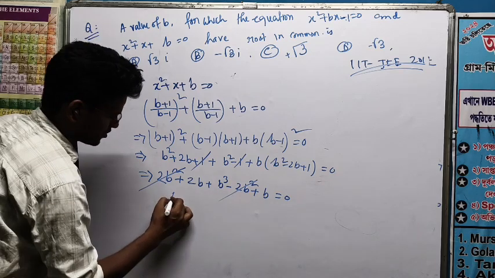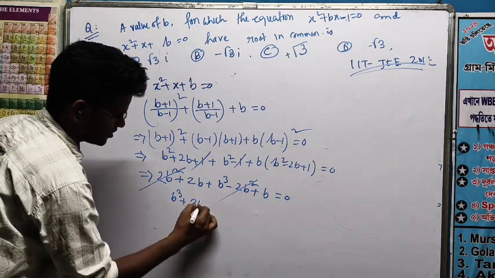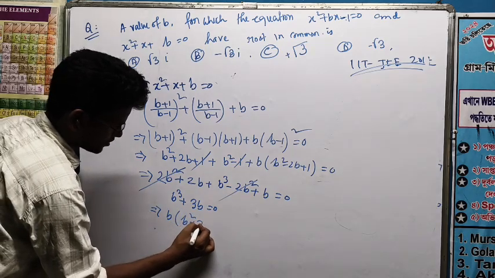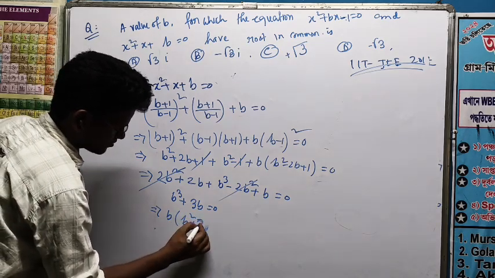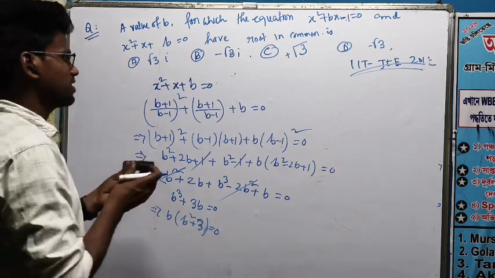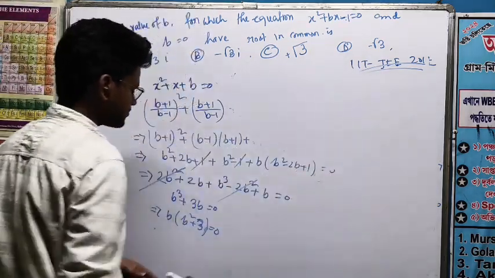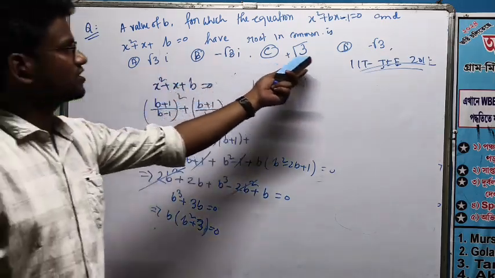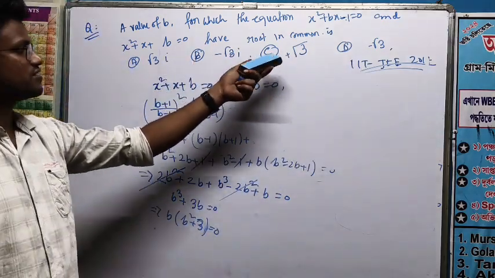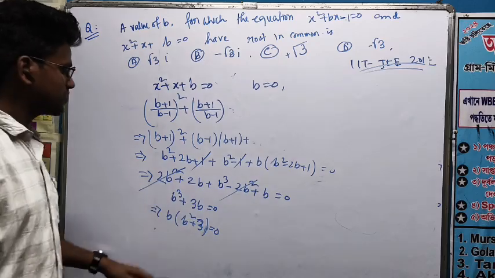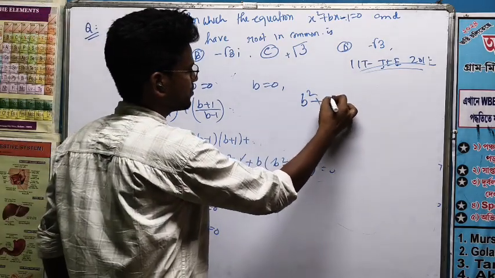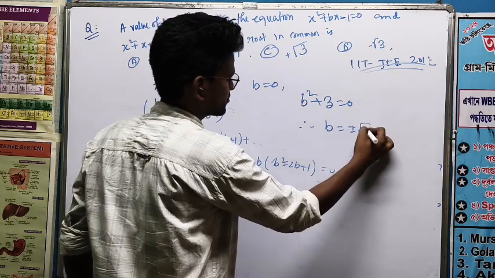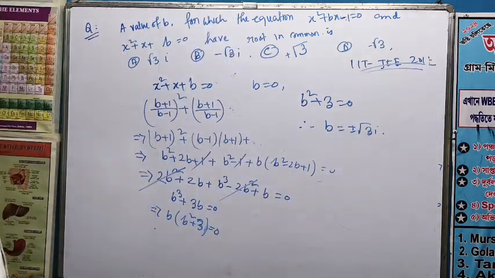And this is b cube plus 3b equals 0, that is b into (b square plus 3) equals 0. So that means either b equals 0, but there is no such option, so b equals 0 is not the answer. For this, b square plus 3 equals 0, that means b equals plus minus root 3 i. So what is the condition?